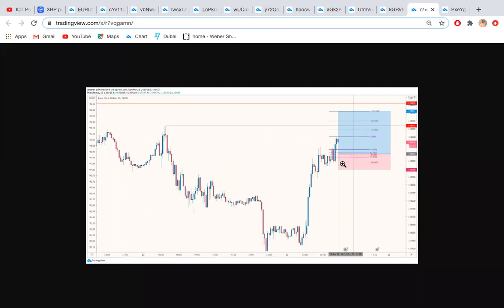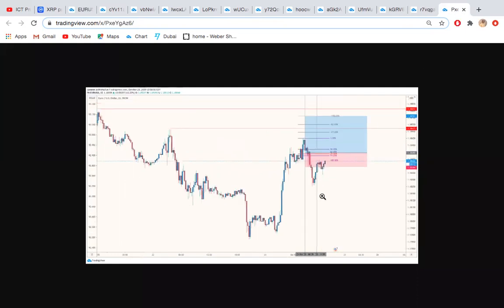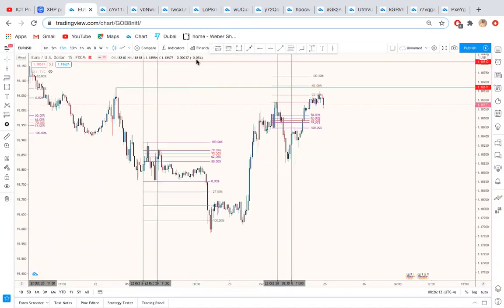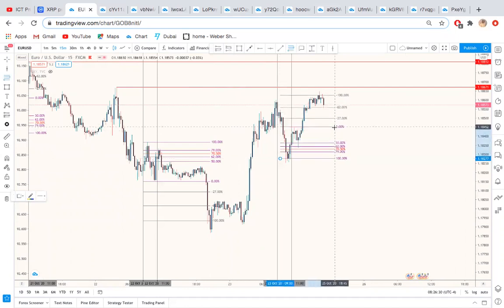This was the trade. What I saw is price reached this low right here. It took out the sell stops, and then it formed an optimal trade entry later on. As you know, it's a Friday, so it is what it is.